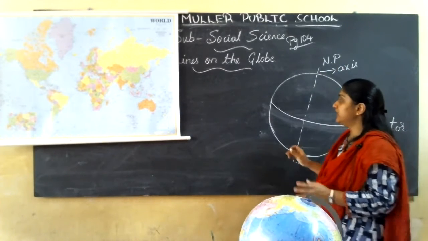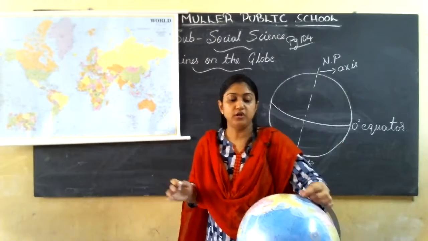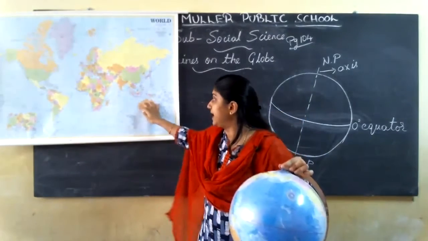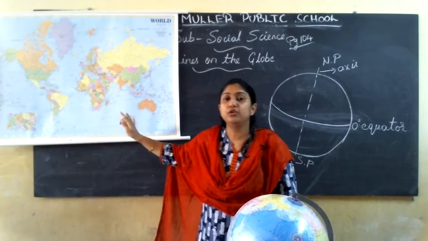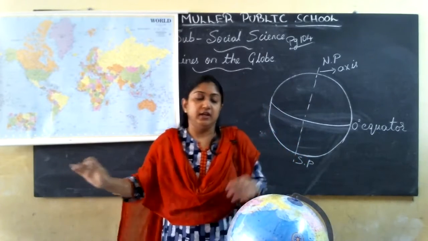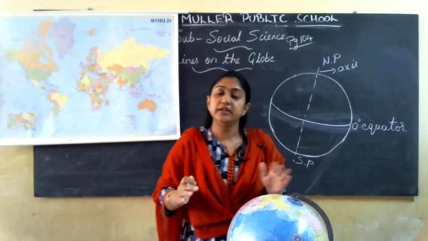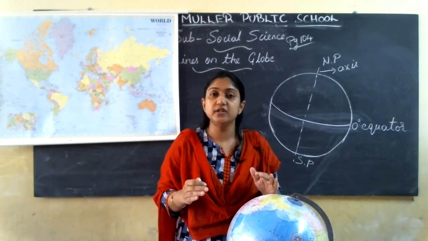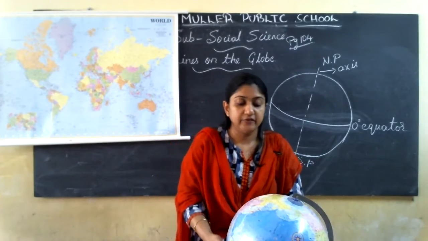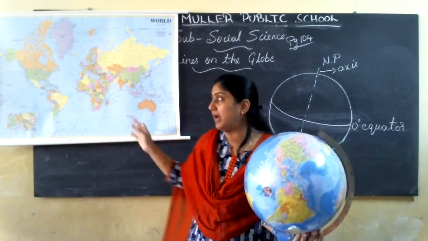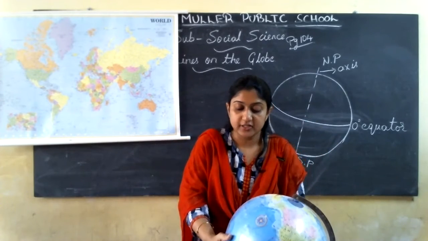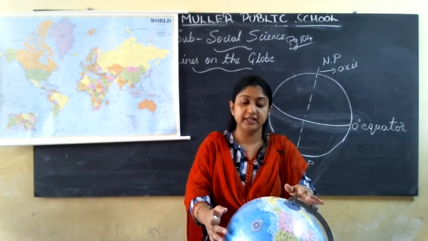So the imaginary lines, whatever you see on a globe or on a map, these are all imaginary lines. They do not physically exist. Yes, they are for our reference. The geographers have drawn these imaginary lines on the globe and the map for our reference, to locate places easily.